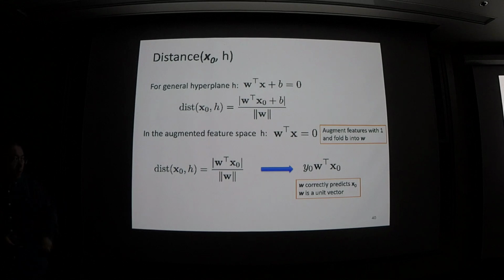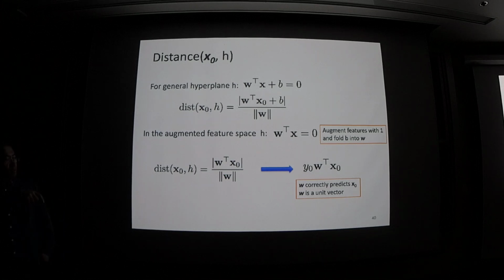Now I'm going to augment x0 with a constant feature 1 and also augment w, folding b into w. In the augmented feature space, we calculate the distance again. Will the distance remain the same or different? Different, right? Because here the weight vector changes.